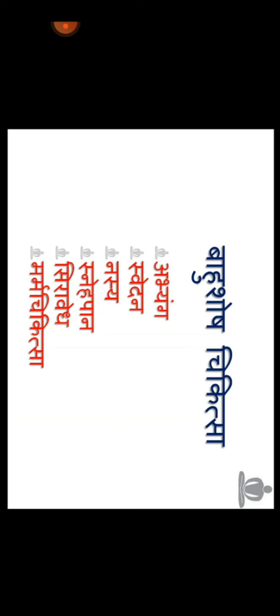Pinda Swed, Upanaho, Swed or Annalepan can be done in case of pain in the shoulder joint, in case of Avabahu or Vishwachi or other conditions. In case of Nasya, Mashatel for Bruhan, Gruta, Tela, Mausaras, etc. can be used as Nasya.